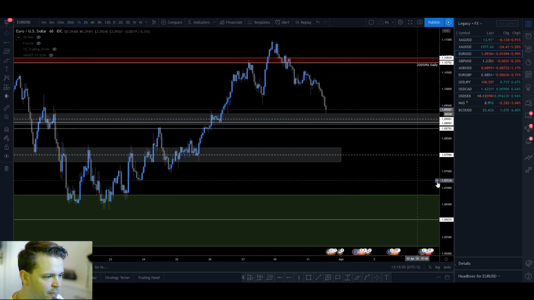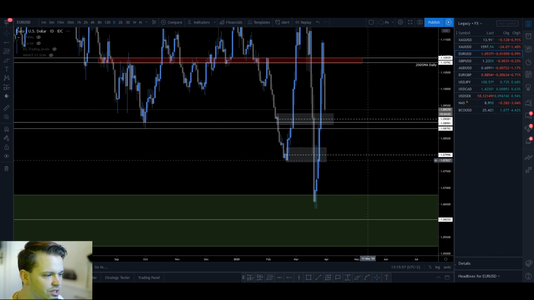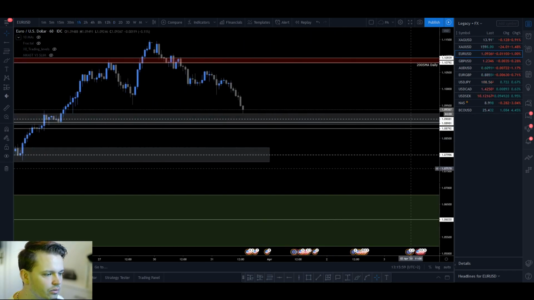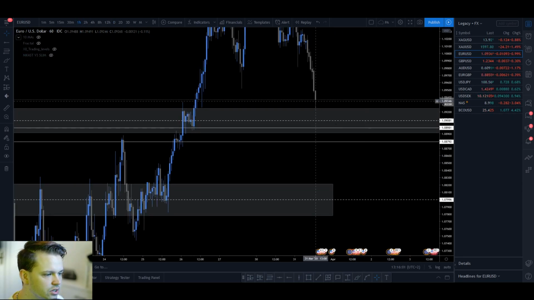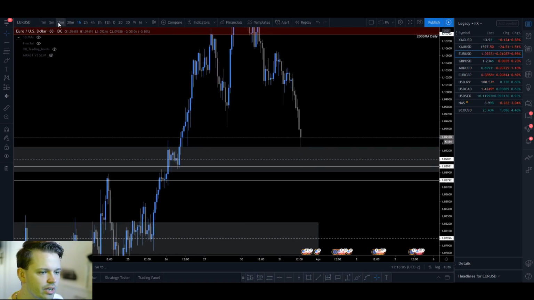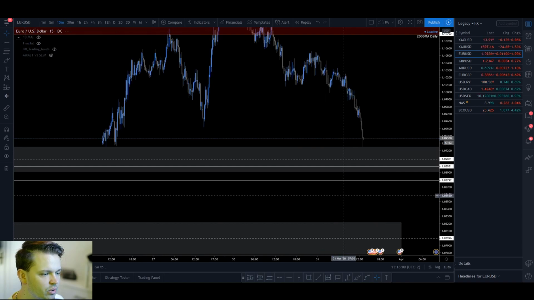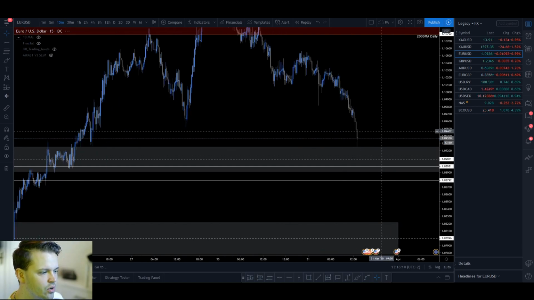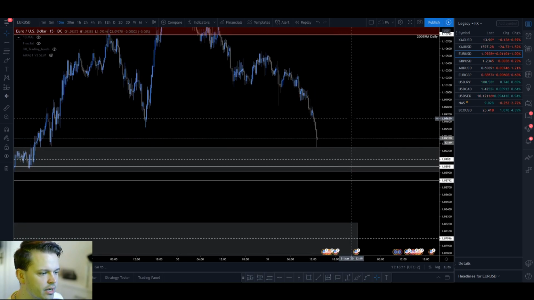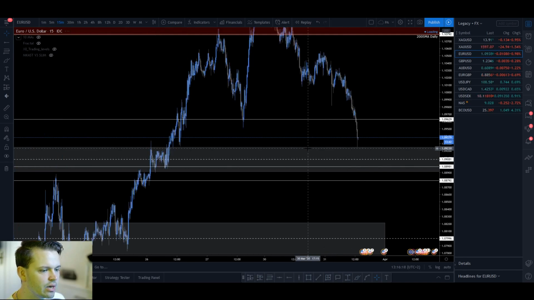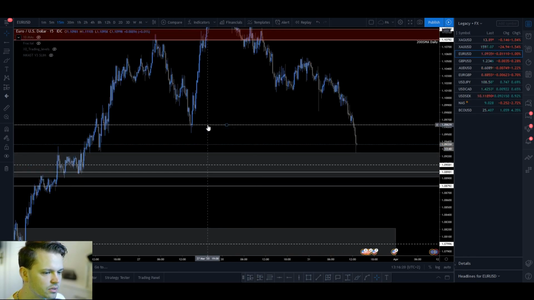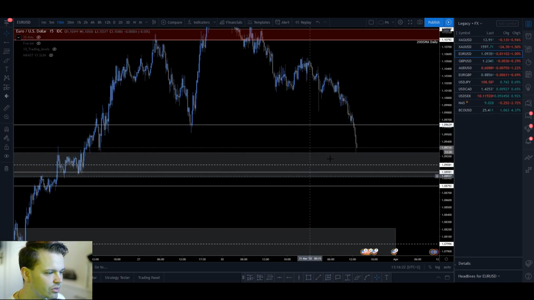We did touch the high of this order block perfectly just now, so this might have been our bounce. In that case, we should see bullish market structure forming on the lower time frames from this current area we're trading in, and I'm going to look at this area for confirmation.